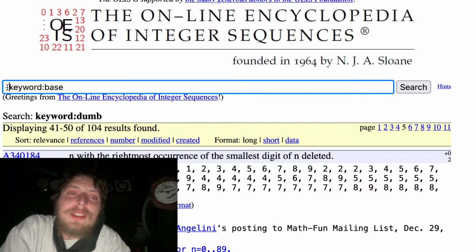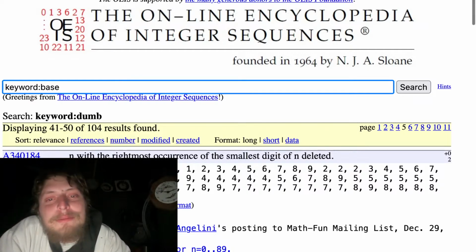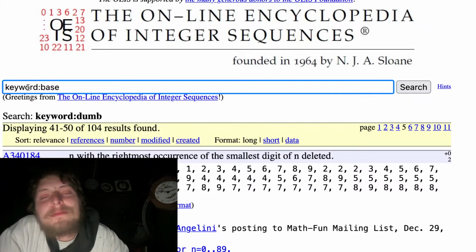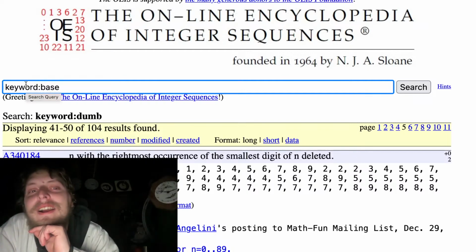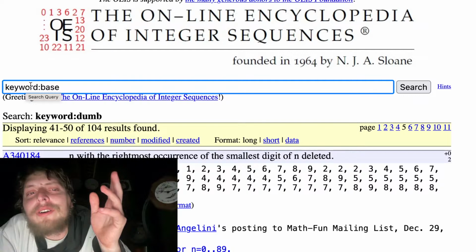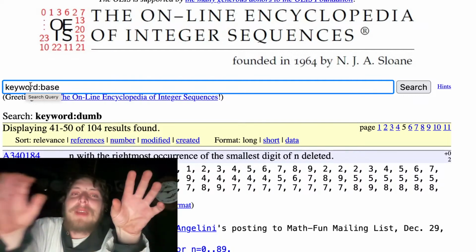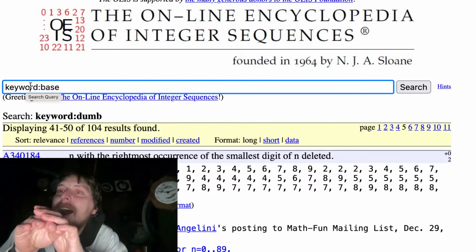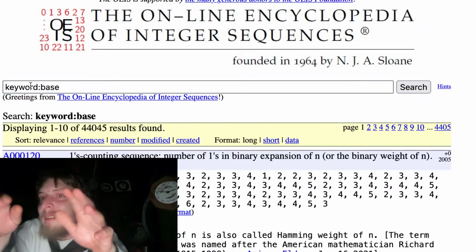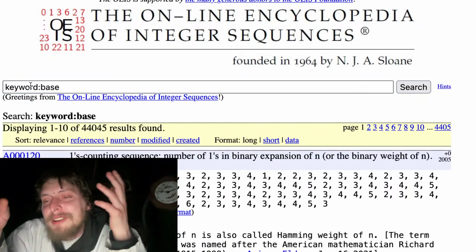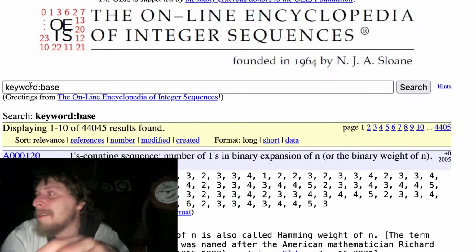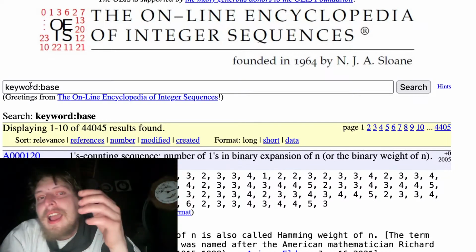Now, there's one category I sometimes avoid. Base. Base means base dependent. Sometime I'm going to make an episode clarifying some thoughts I've had about how base dependent and base independent is a blurry line, because you can sometimes name the patterns that you're doing in something like base 10 in a base independent formula.